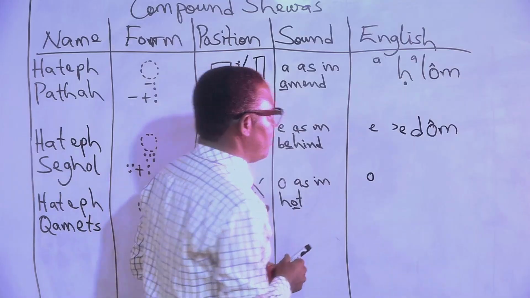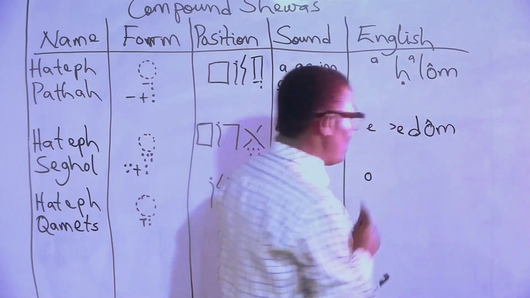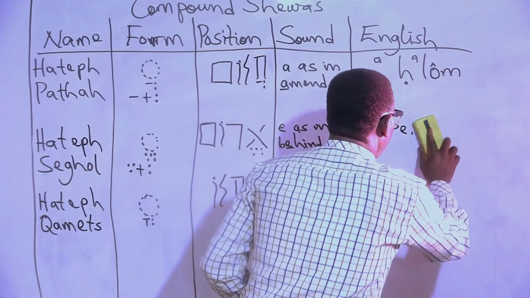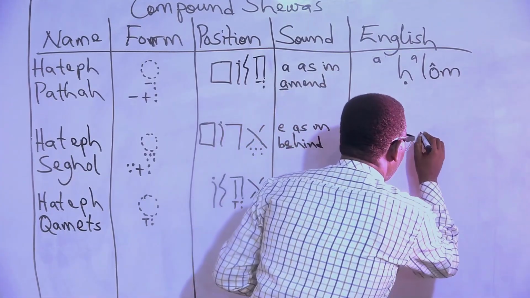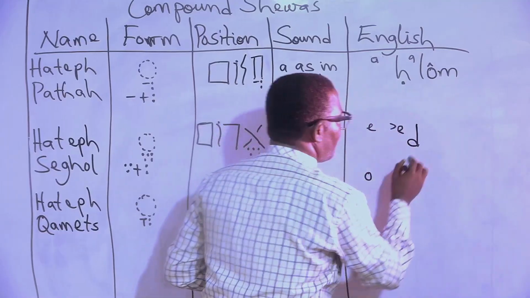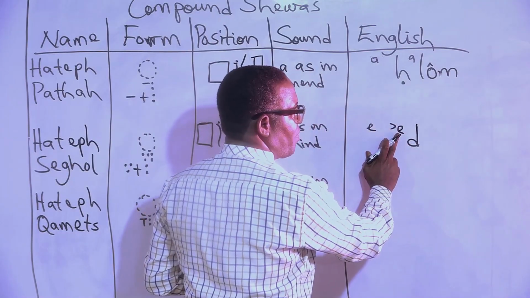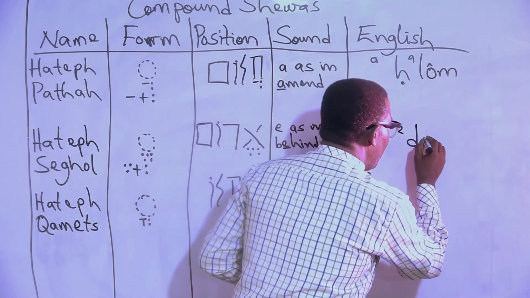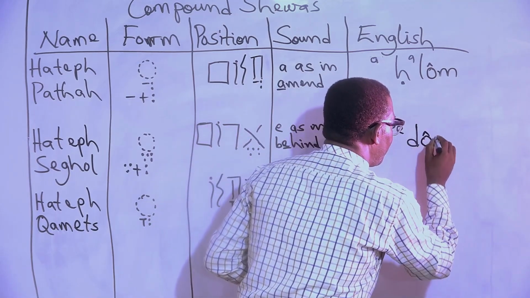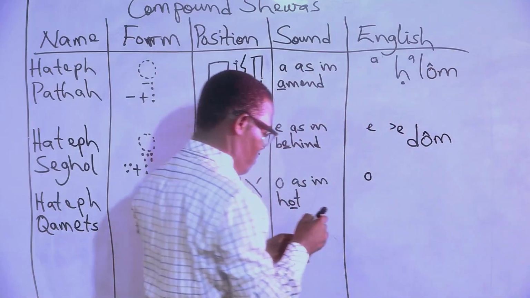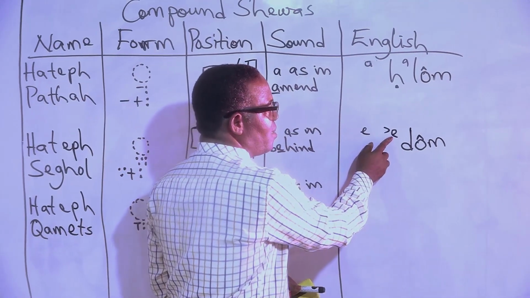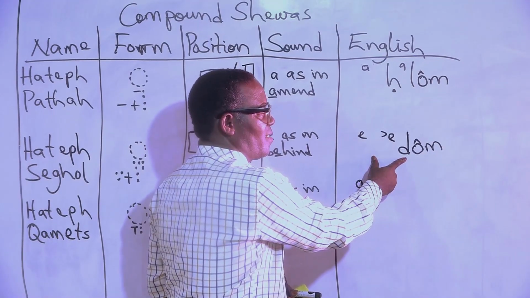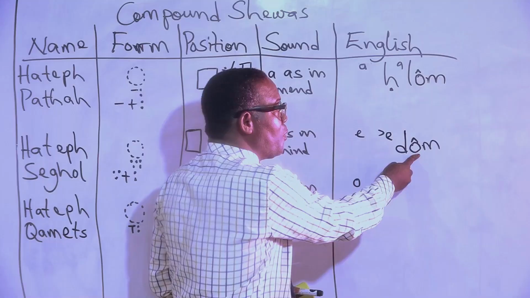Okay? Now let me show you something here. It must be up, and the full consonant must be down, or the full vowel. So when you see it like this, it's not sitting on the same line with the consonants or with the full vowel.